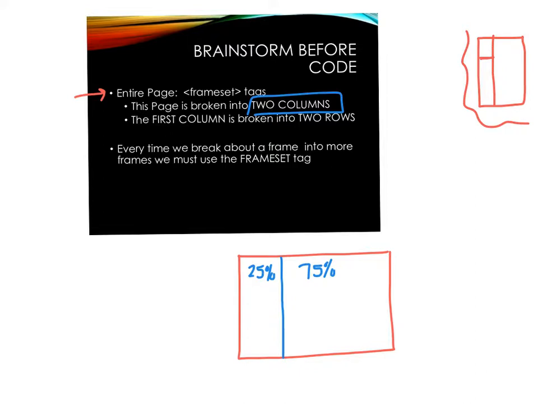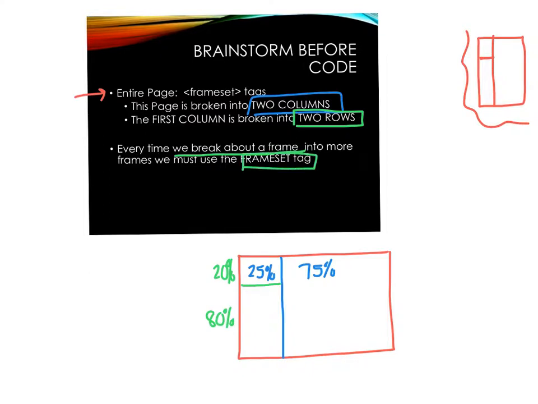Then from there, what I did next was break that first column into two rows. And this took up about 20% and 80%. So I first broke it into columns, and then I broke the first column up into two rows. Now, something to note as we get to the next page is every time we break apart a frame into more frames, we're going to use the frameset tag.